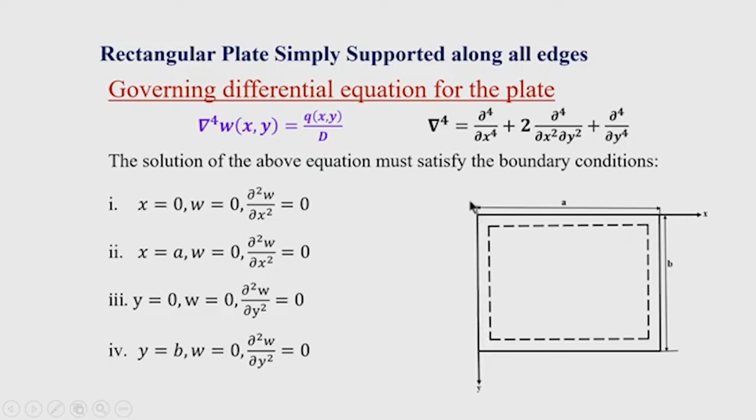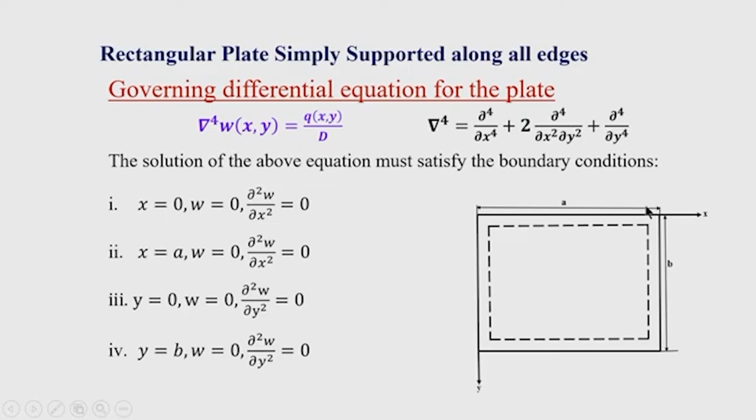So, there cannot be any curvature along the y axis at this edge. Therefore, the second term, del square w by del y square, which is multiplied by mu, does not exist. Hence, the boundary condition at this edge x equal to 0 becomes w equal to 0 and del square w by del x square equal to 0.